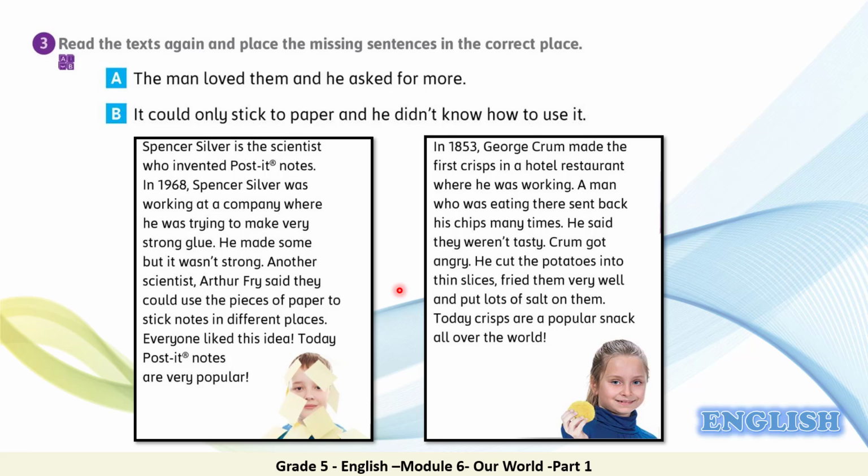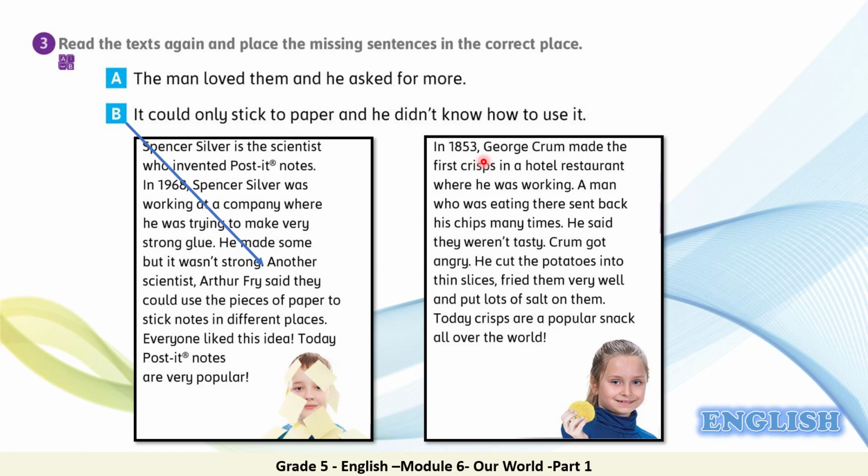Have you finished? Have you found the correct place for each sentence? Okay, check with me. By reading the first text, I found that the second sentence fits here after this sentence: He made some, but it wasn't strong. It could only stick to paper. It fits, right?